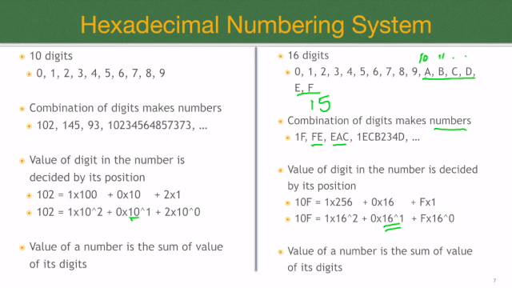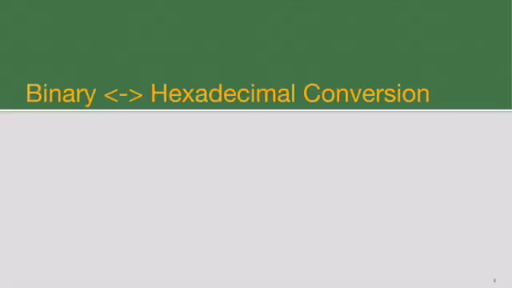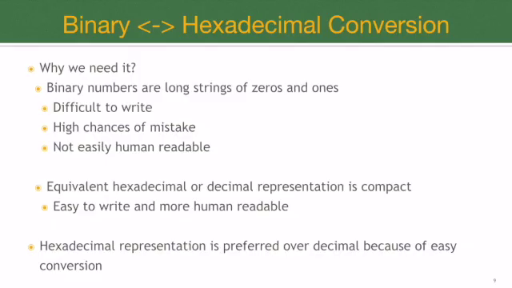Why do we have a look at the hexadecimal numbers? We basically want to perform the conversions between binary and hexadecimal numbers. And why do we want to perform the conversion between binary and hexadecimal numbers? Because the binary numbers are long strings of zeros and ones, which are very difficult to write.